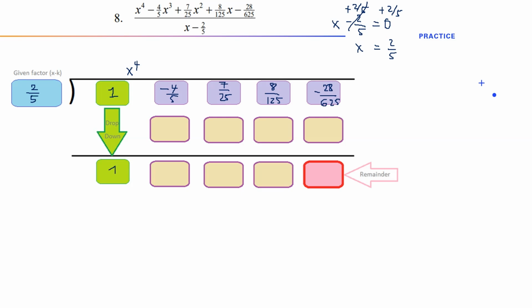Now we drop down the first one. Always the first one drops down. So 1 times 2/5, that's 2/5. We add -4/5, so -2/5. That's -4/5 by multiplying -2/5 to 2/5. Now we're adding 7/25 with -4/25.